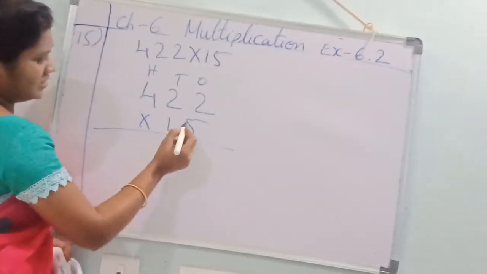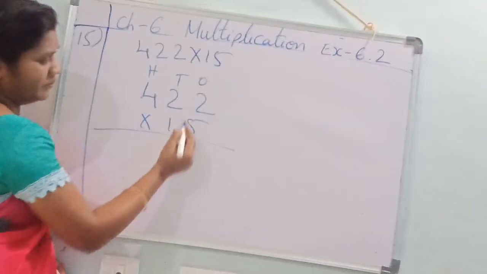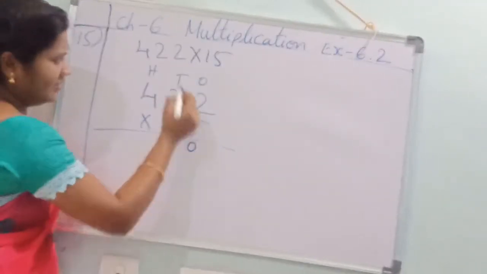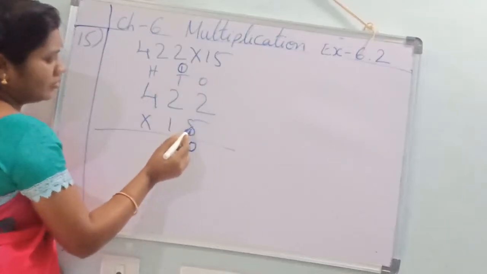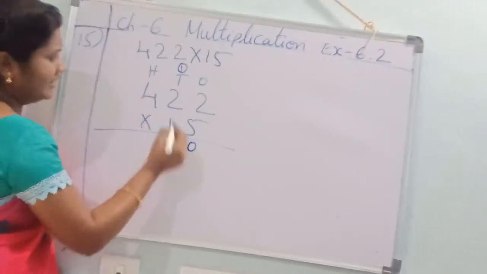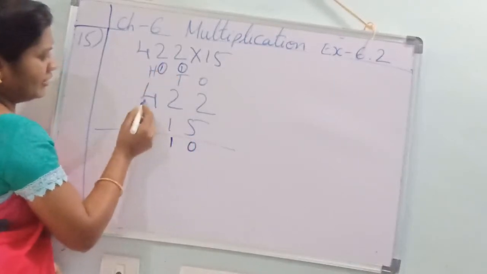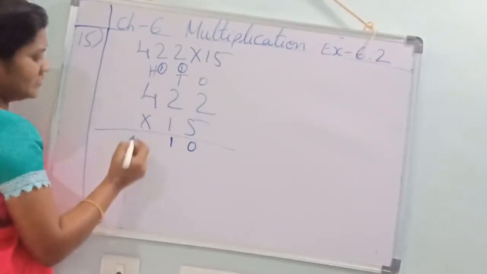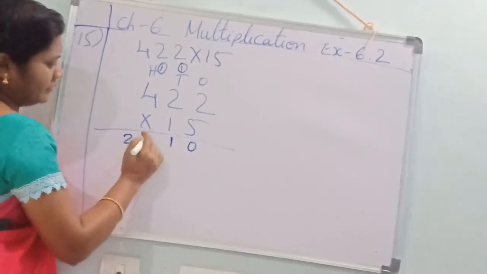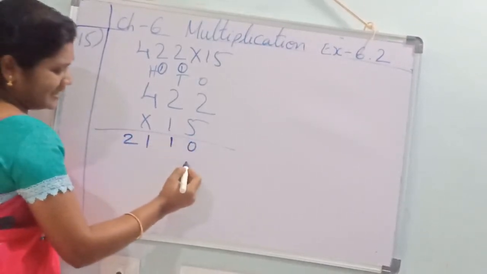See, first what you have to do, you should multiply the ones place. Yes, 5 2s are 10, 0 here, 1 carry forward. 5 2s are 10, 10 plus 1, 11, 1 here, 1 carry forward. 5 4s are 20, 20 plus 1, 21. Now, ones place completed.